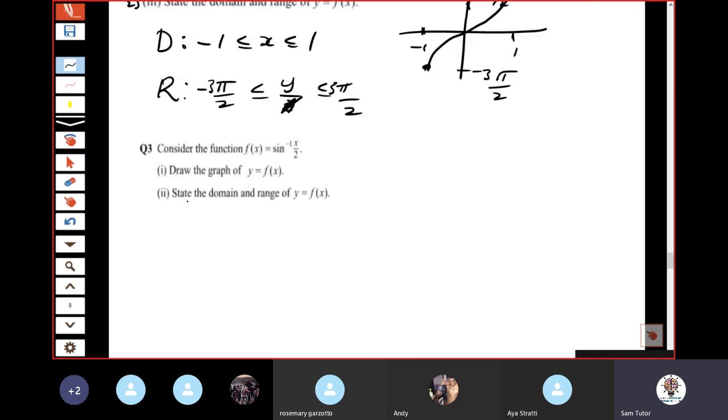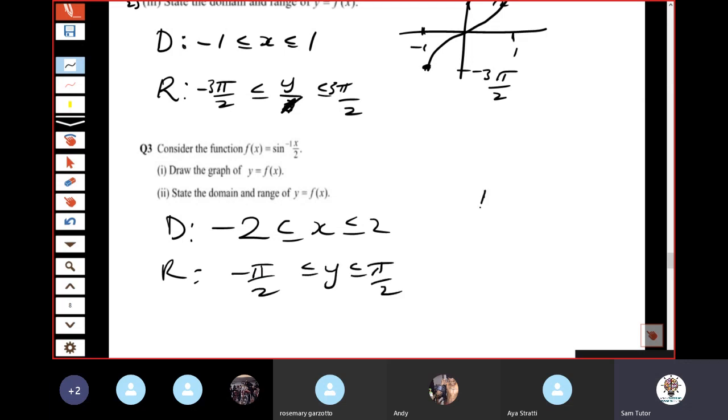What do we have? Domain, -2 to 2. The range still doesn't change. So there it is. Any questions there? Let's do another one.